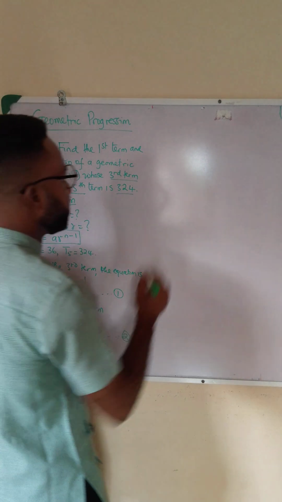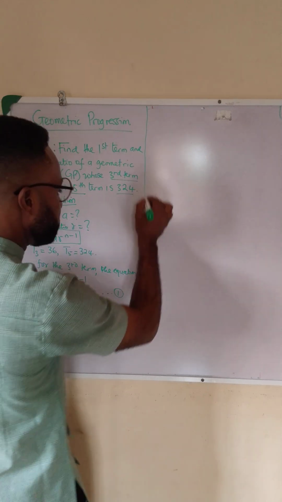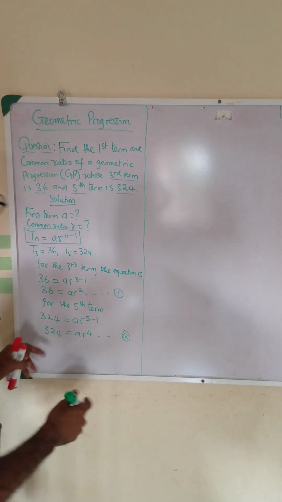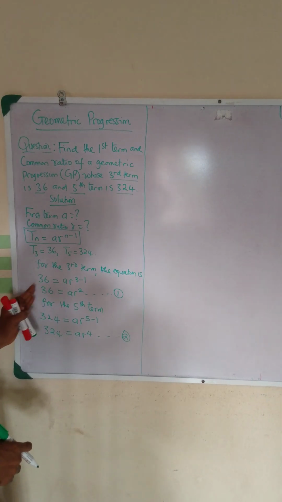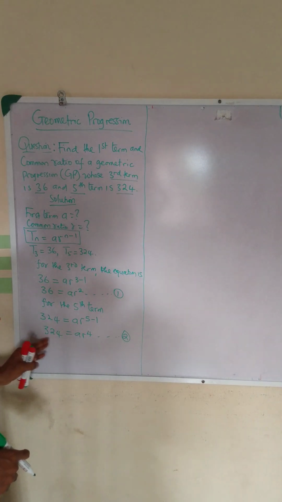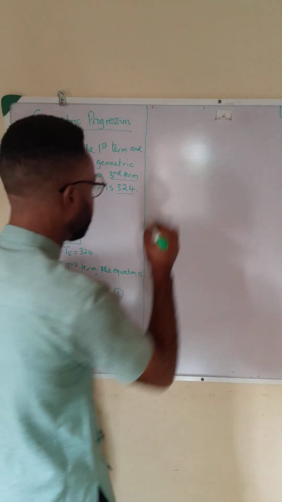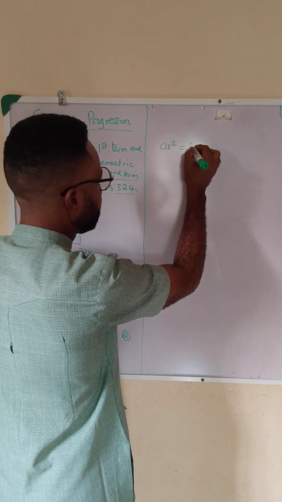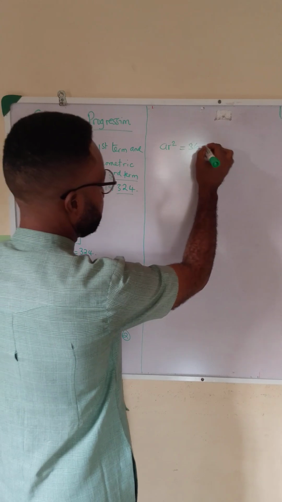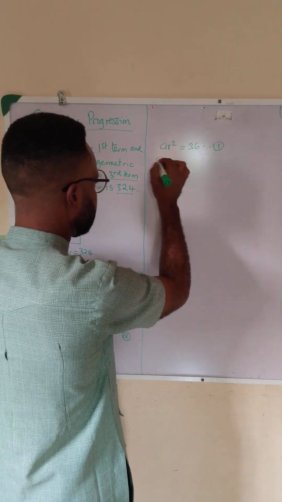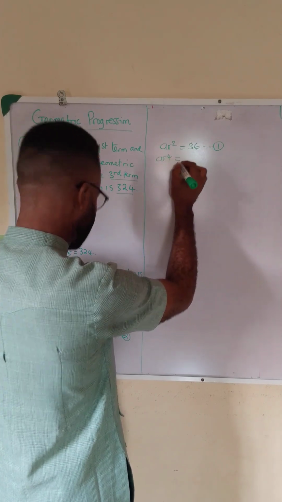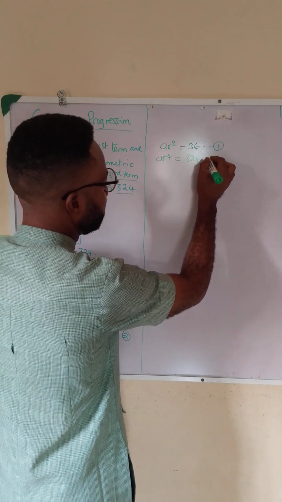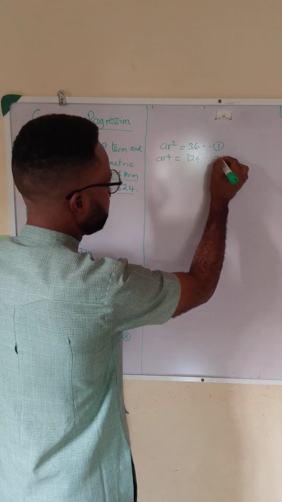So we are going to bring in equations 1 and 2, and then we solve them simultaneously. For the sake of convenience, we take this to the other side, and the same thing applies to equation 2. So we have A R squared equals 36, our equation 1, and A R raised to 4 equals 324, our equation 2.